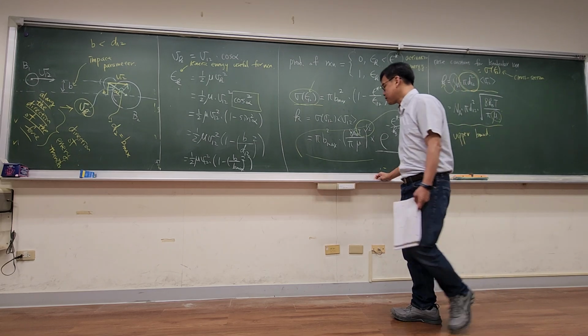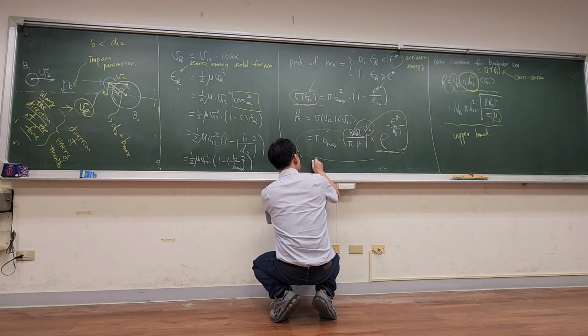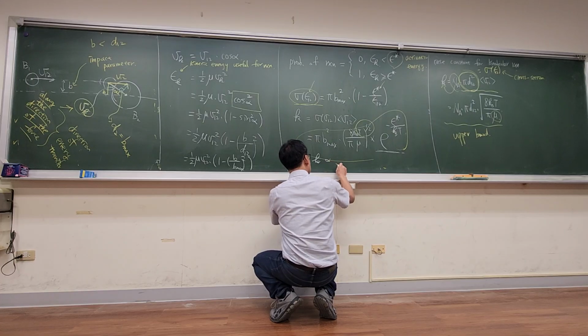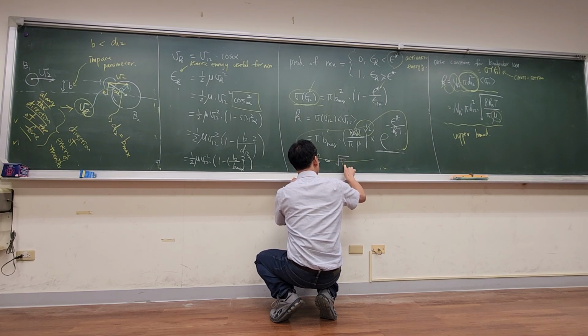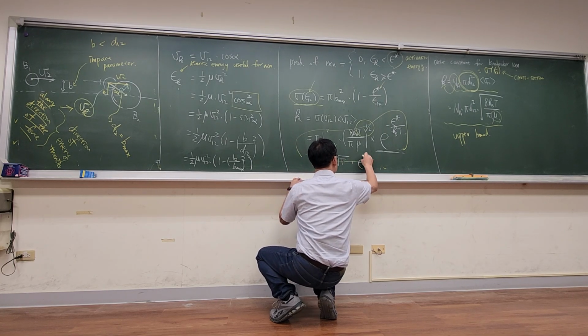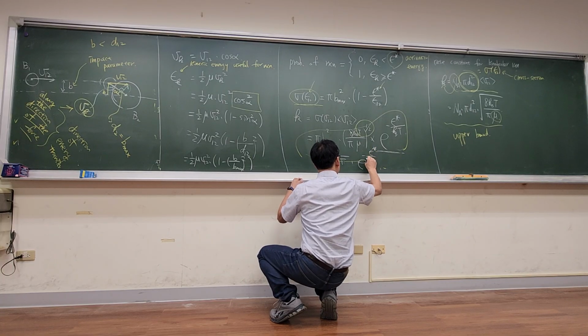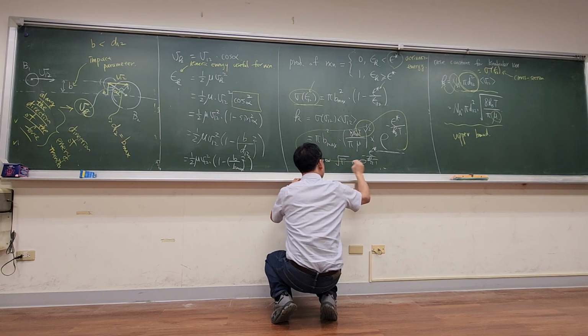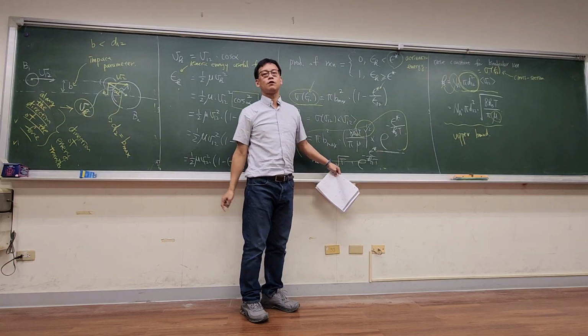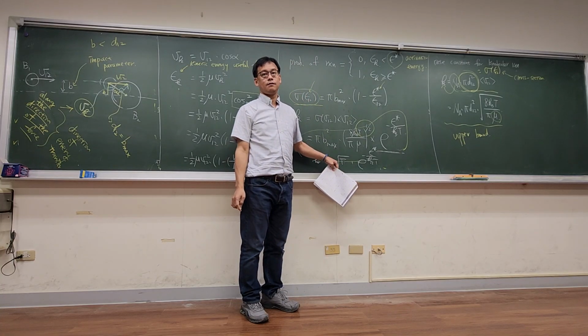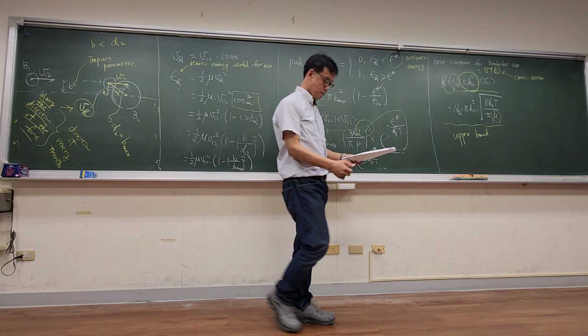In this case, the rate constant k is proportional to the square root of temperature times exponential minus some activation energy divided by kBT. So we have a square root in temperature.